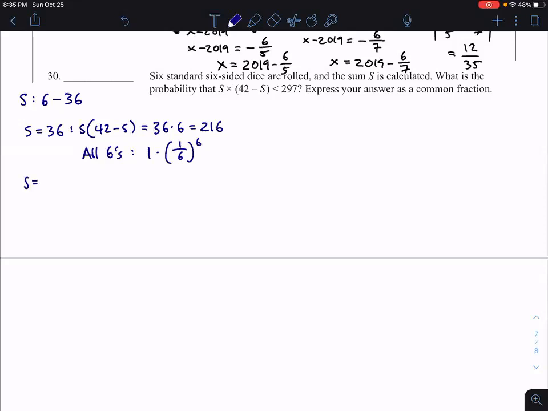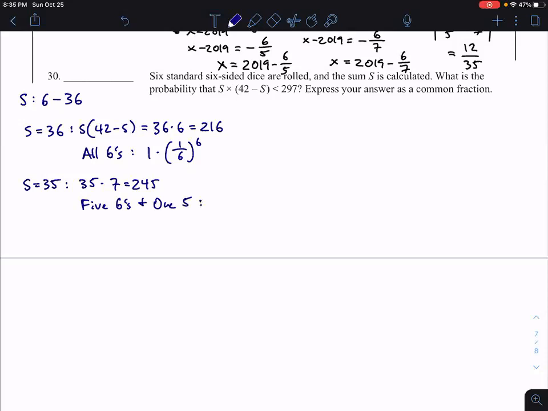Next, S equals 35. Your sum is 35. That means that you have 35 times 7, which is equal to 245. That is less than 297, so that works. The only way you can have a sum of 35 is when you roll 5 6s and 1 5.